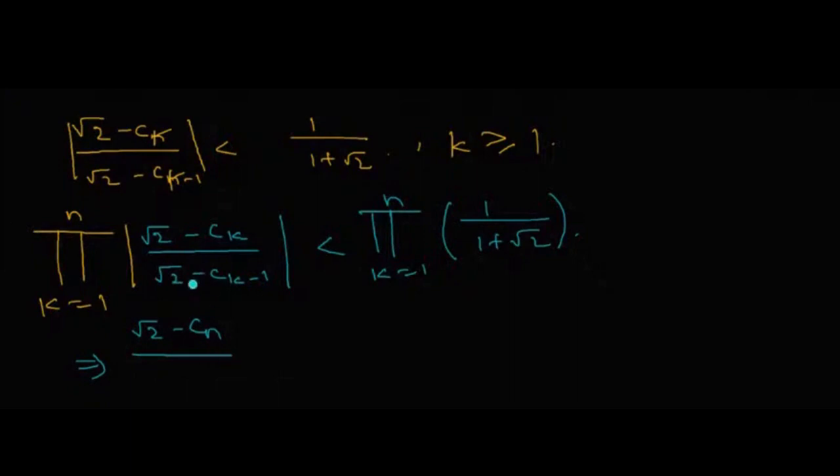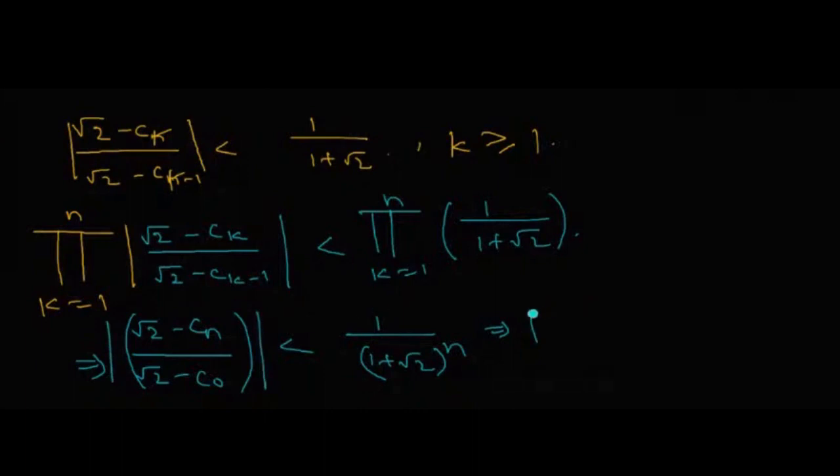So if you solve this, you will get root 2 by root 2 minus cn divided by root 2 minus c naught. This is some telescopic type. So it's a product, right? This divided by 1 plus root 2 whole to the power n, right? Here will be modulus sign as well. Let's not forget that.